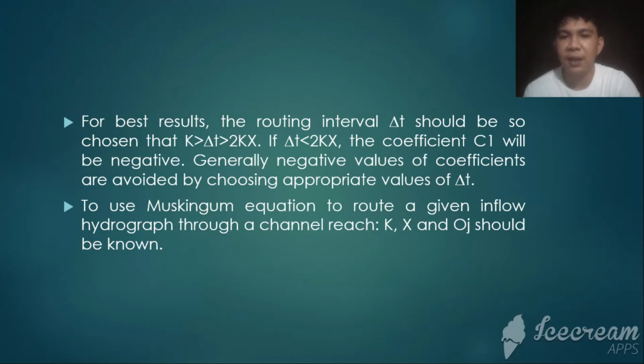So generally, negative values of coefficients are avoided by choosing appropriate values of delta t. To use the Muskingum equation to route a given inflow hydrograph through a channel reach, K, X, and O should be known.